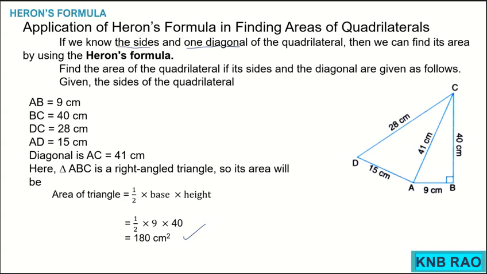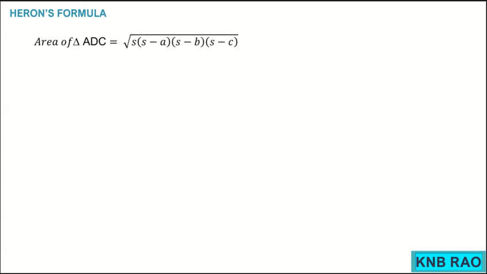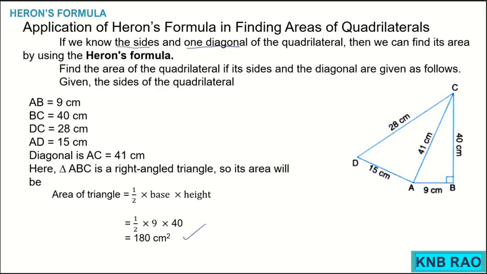Okay. Now, moving on to the area of triangle ADC, that we have to find out with the help of Heron's formula only, where we will find out the semi-perimeter. What is the semi-perimeter here? If you observe this figure, I am taking 28, 15, 41, these three as a, b, c of the Heron's formula.